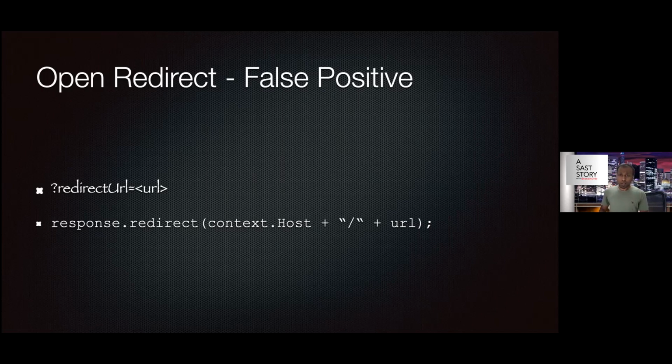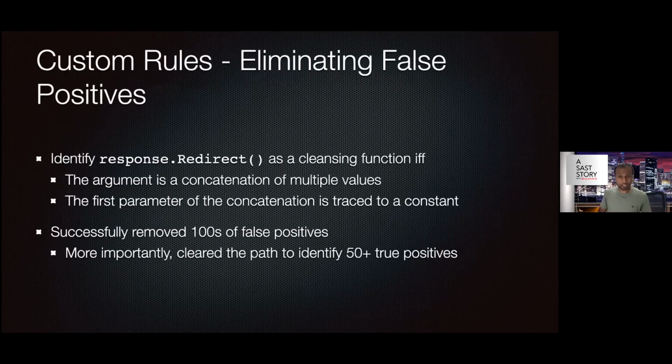So how do we create a custom rule to help us negate all these false positives and just find the actual issues? The way we dealt with this is, even though response.redirect is a sink from a data flow analysis perspective, we decided to assume it was a cleansing function if and only if the argument inside the redirect method was a concatenation of multiple values, and the first value of that concatenated string was always a constant.